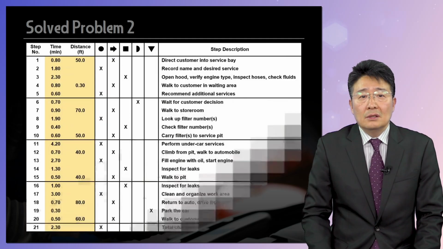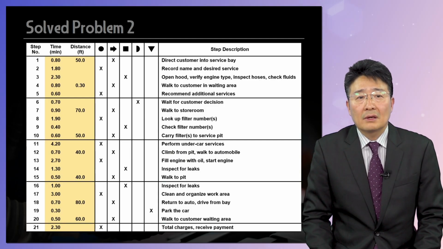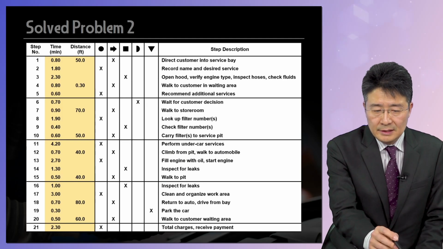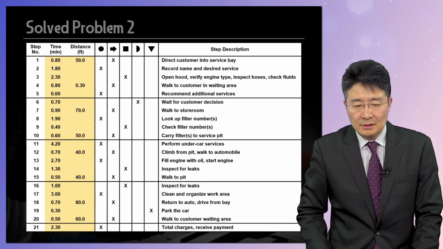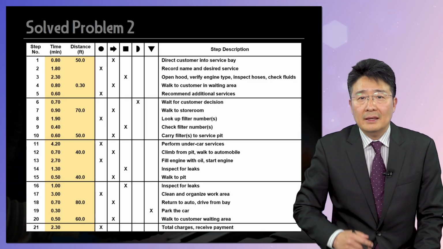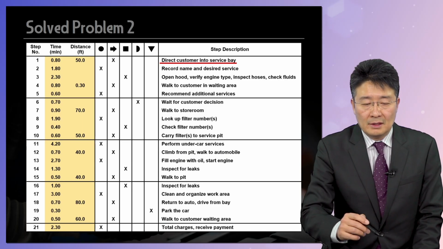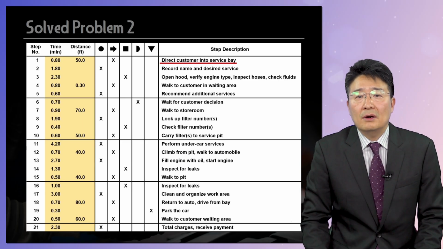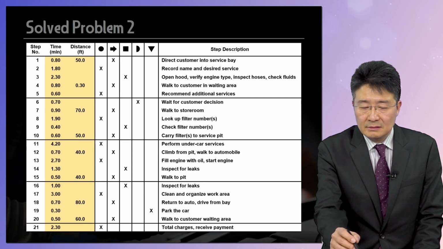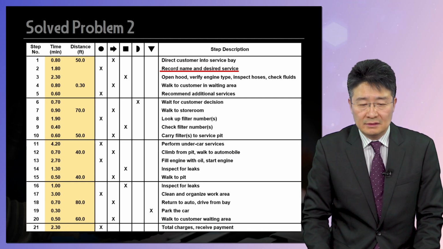Okay, so we can make this table first. For each process, we can decide the symbol, and we need to put some descriptions in here. Okay, direct customer into service phase. In the next process, record name and desired service.